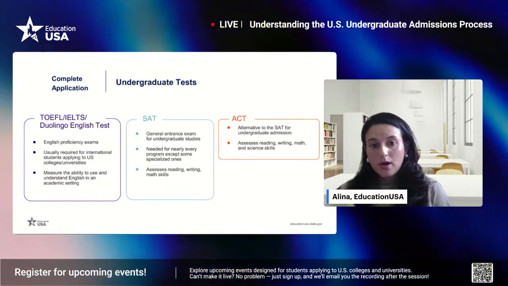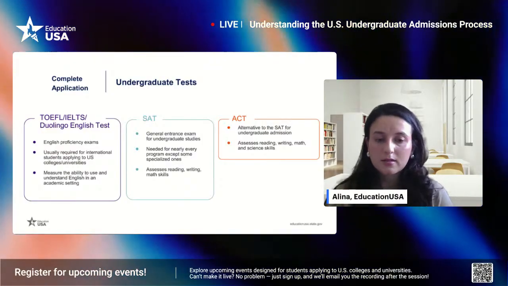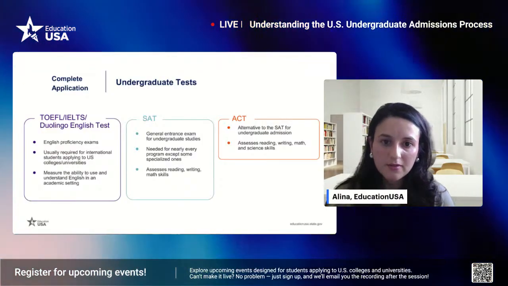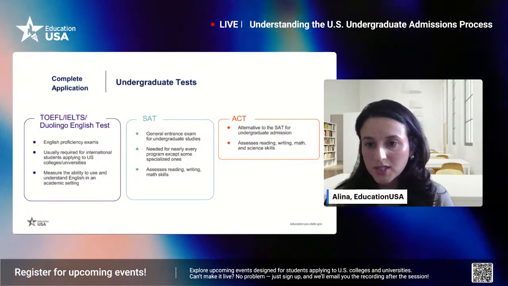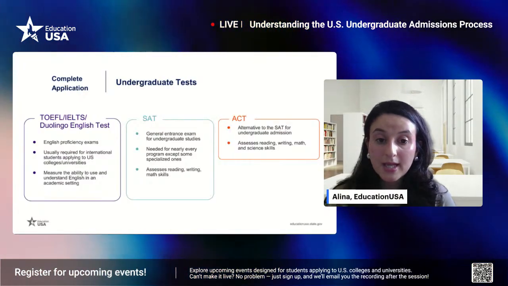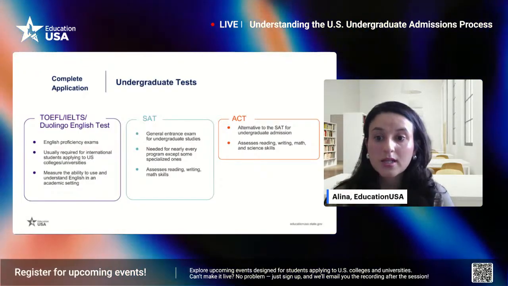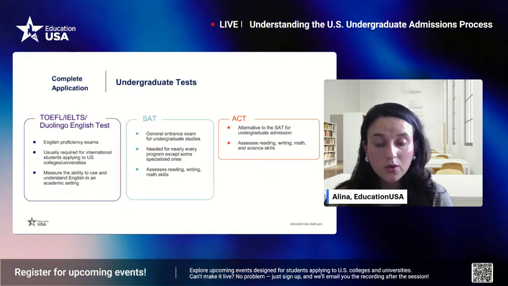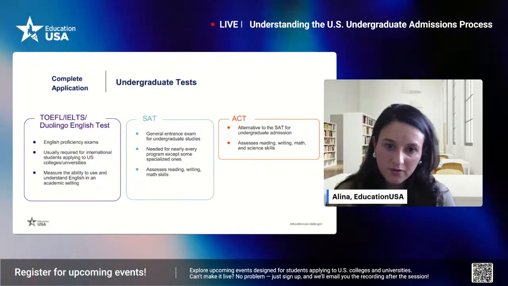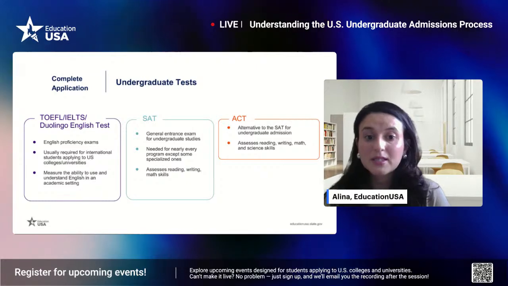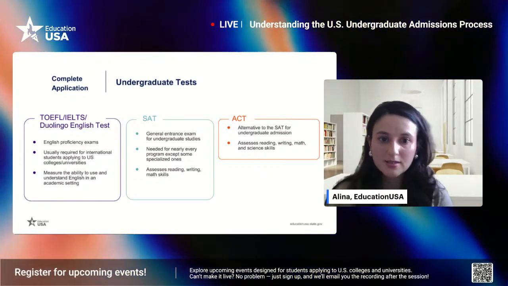Okay, so we already said that part of the application itself are the standardized tests and the English proficiency tests. When we say English proficiency tests, those are TOEFL, IELTS, and the Duolingo English Test. We also have more of them, like the Cambridge tests.